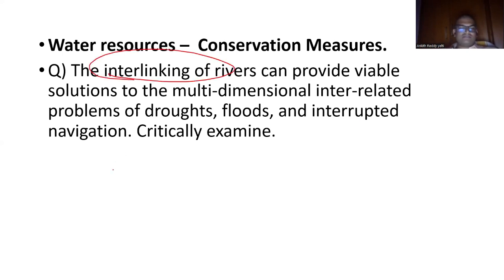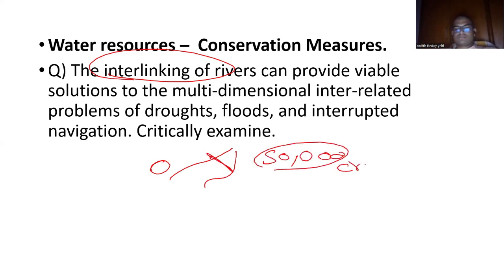You know that in the penultimate budget of the 16th Lok Sabha, they talked about the interlinking of rivers, Ken and Betwa, with a budget allocation of around 50,000 crores. So definitely this area can be a question, right? So how interlinking of rivers can help control droughts, floods, and also help in navigation. So these three things need to be addressed in one question, critically examined.